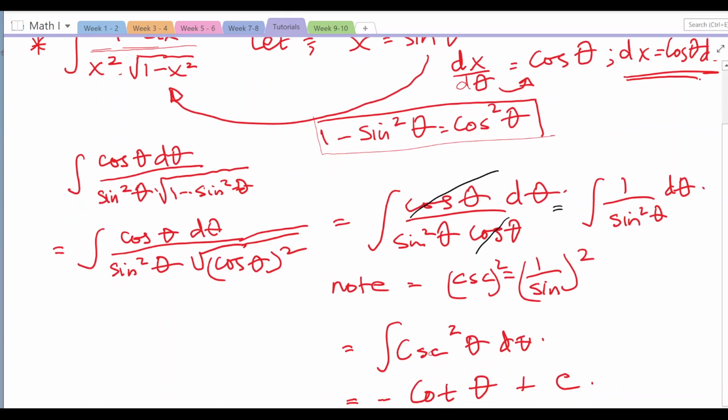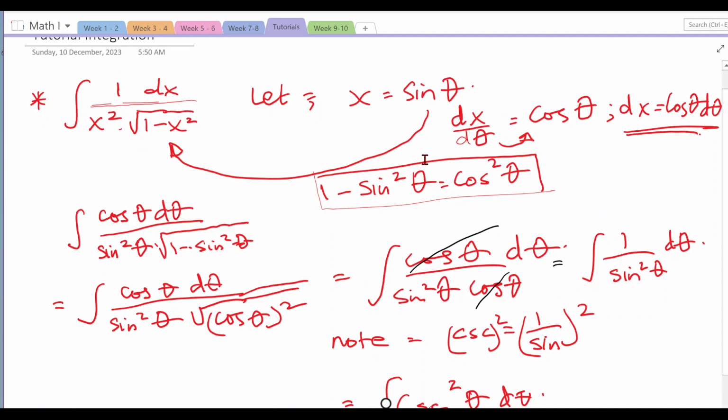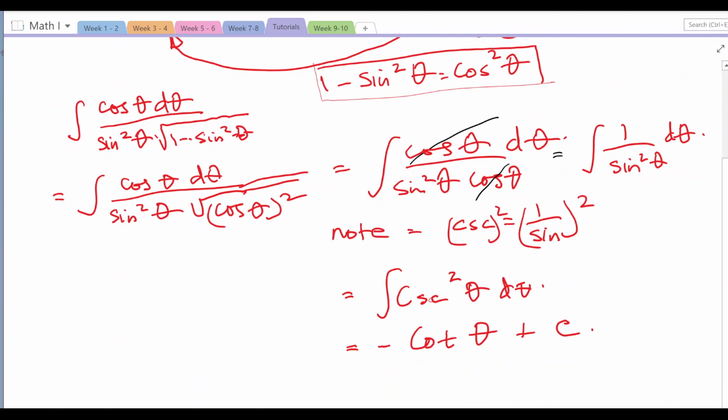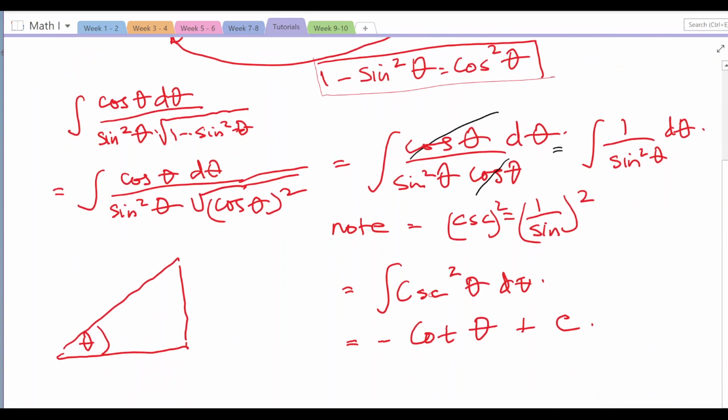So now we have to find out what theta is. From this information here, x equals sine theta. So we draw a triangle like that. This is our angle theta. By definition, sine theta equals x, meaning by definition sine is the opposite divided by the hypotenuse, which equals 1.